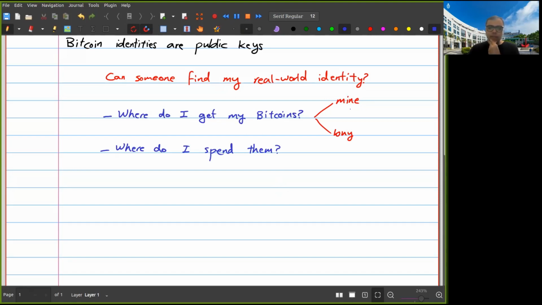If I want to mine a Bitcoin, I can just use my hardware and use any public key to do that. And I never have to disclose my real world identity. So I can actually mine my own Bitcoin, and this doesn't leak any information about me because, remember, I can generate as many key pairs, Bitcoin identities, public keys, accounts, whatever you want to call them, as I want.